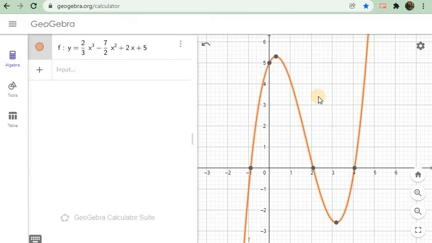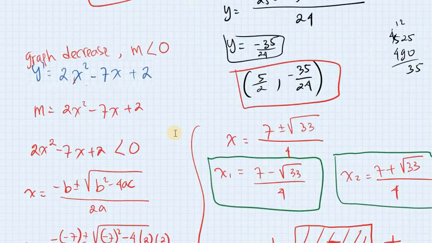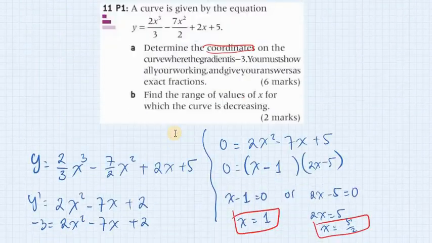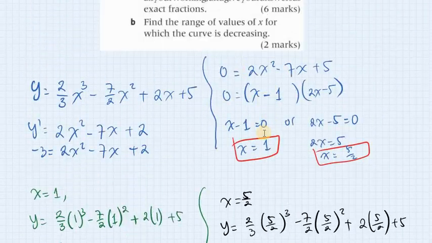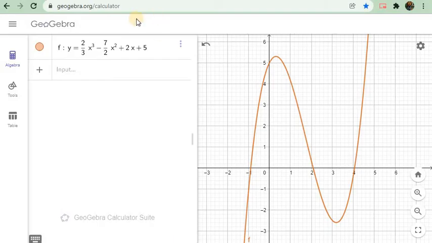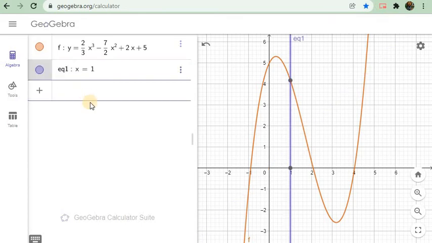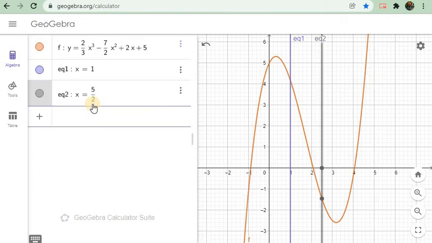The first question was to find when the gradient is negative 3. Our finding was that x equals 1 and x equals 5 over 2. Let's enter that, x equals 1 and x equals 5 over 2, or 2.5.